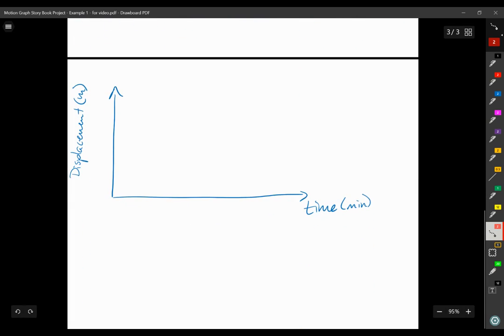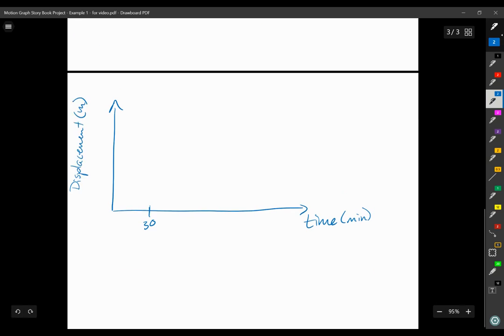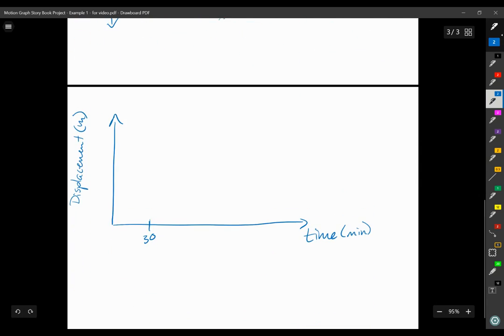So my displacement is 30 for this first piece. It goes to 30 minutes. There's my 30. And then I know my displacement, I'm going to end up at 30. So I can label that. And then right here is where I'm going to end up.